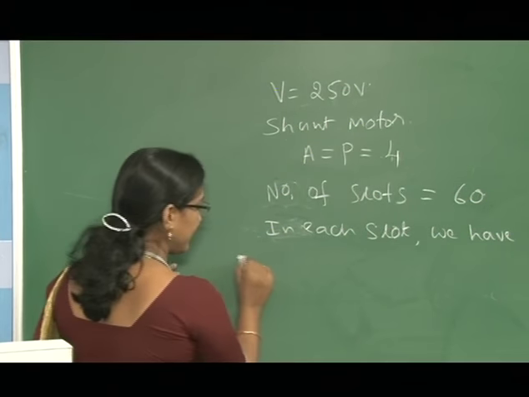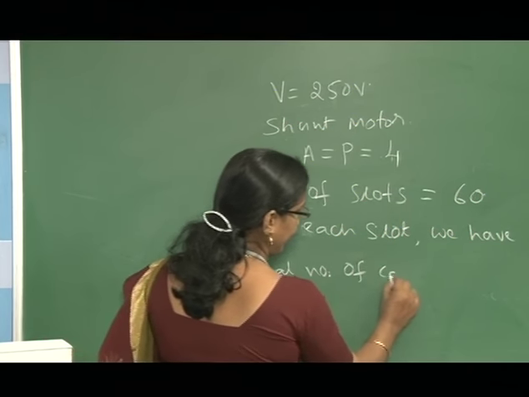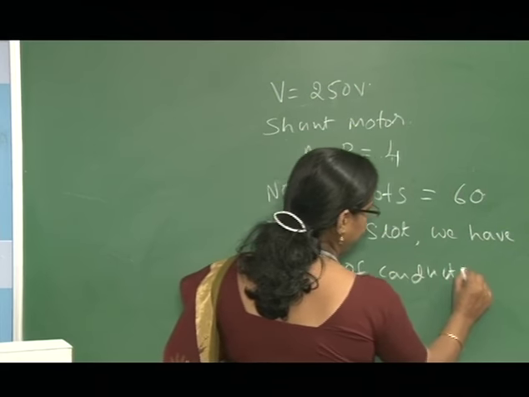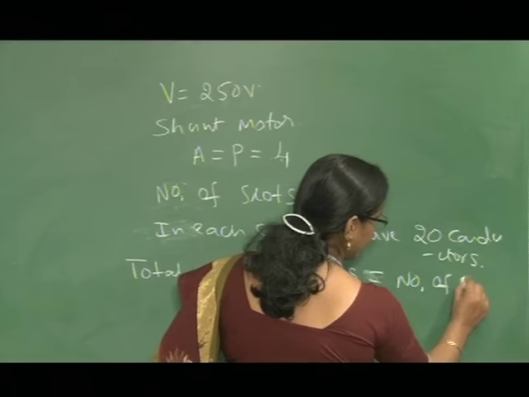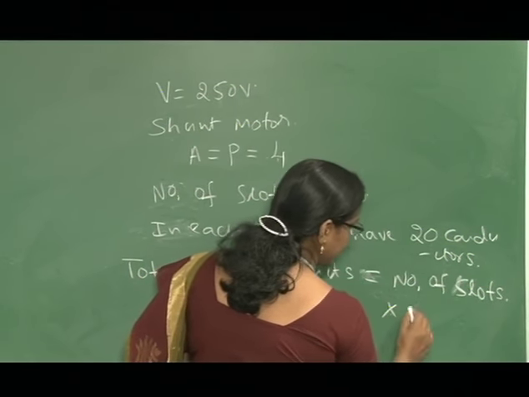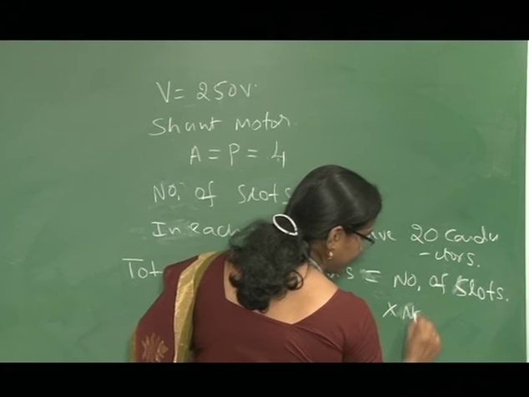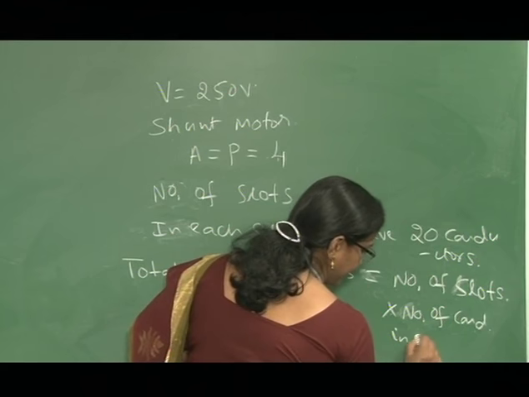So, the total number of conductors is equal to the number of slots multiplied with the number of conductors in each slot.